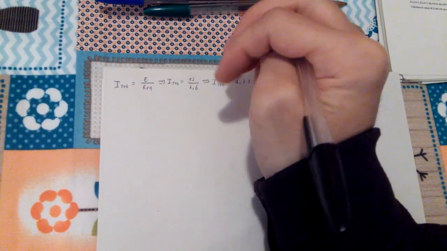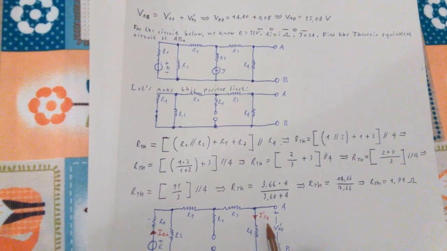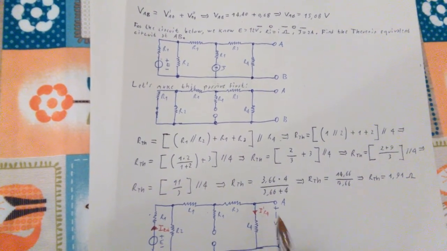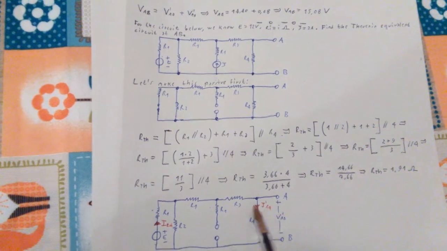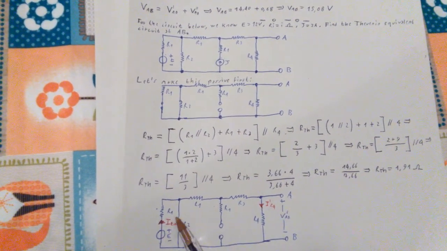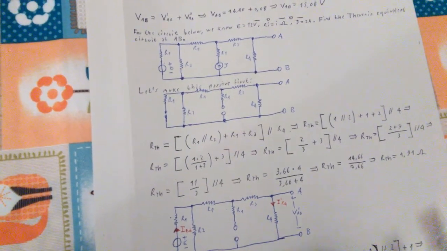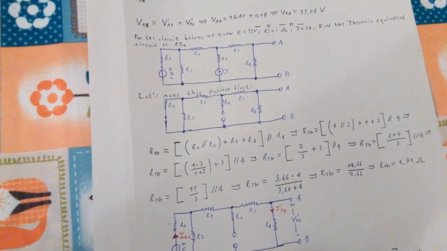Now, the reason why I wrote this is that I want to find I first R4. And we know that I first R4 is going to be a subset of the I total, and we have a resistance here. So what will it be?